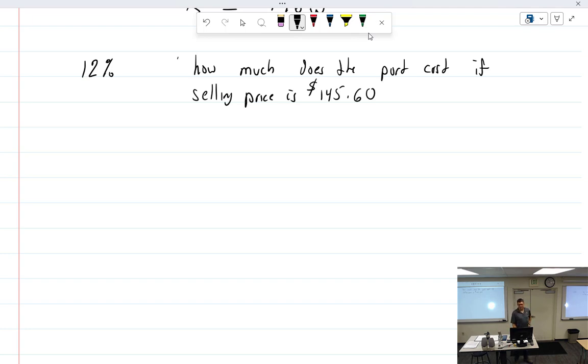How much does the part cost the company if they sold it for 145.6? Now this one will get you into trouble.